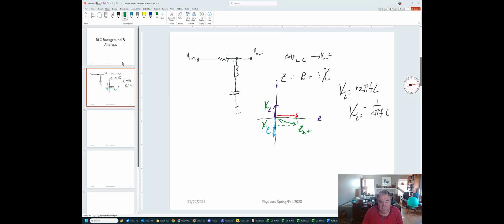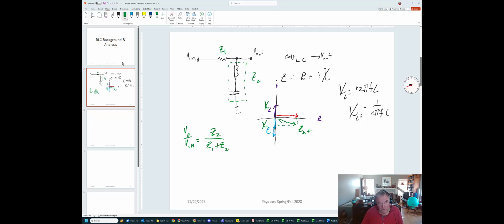So in this case, this is our Z2, and this is our Z1. And as always, V out over V in equals Z2 over Z1 plus Z2.